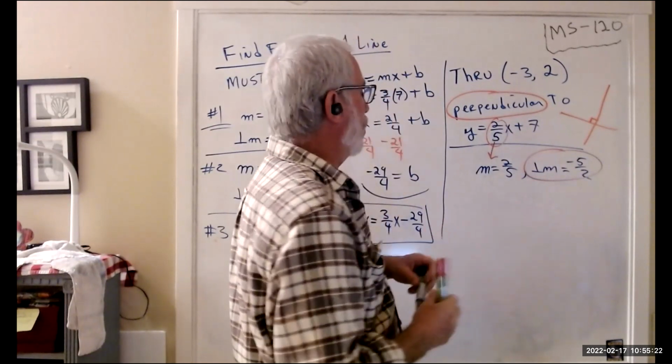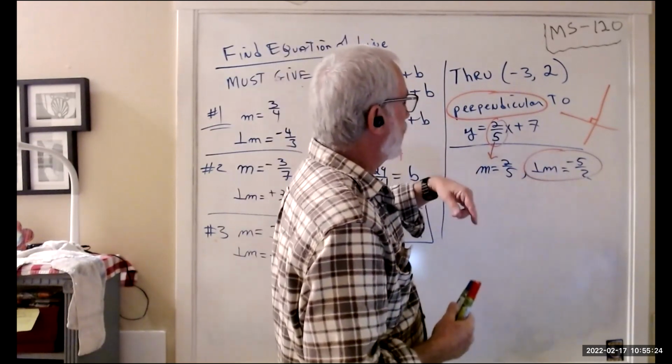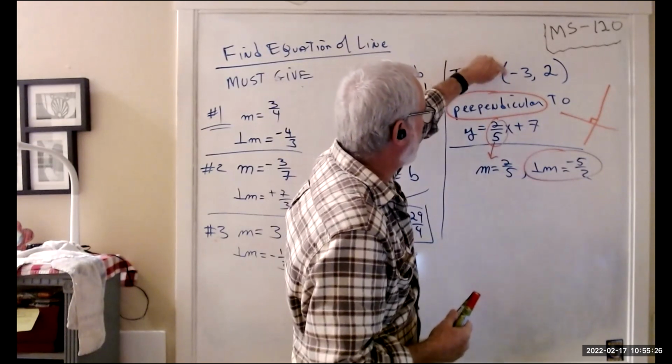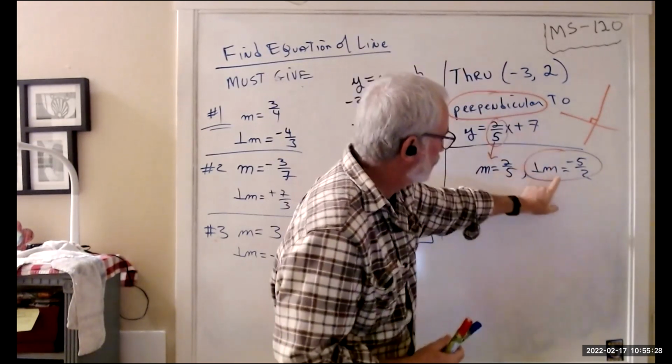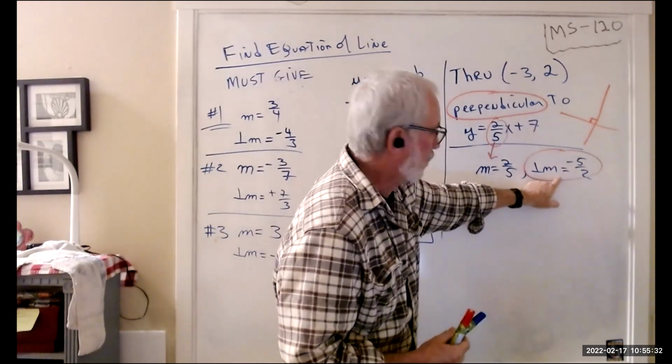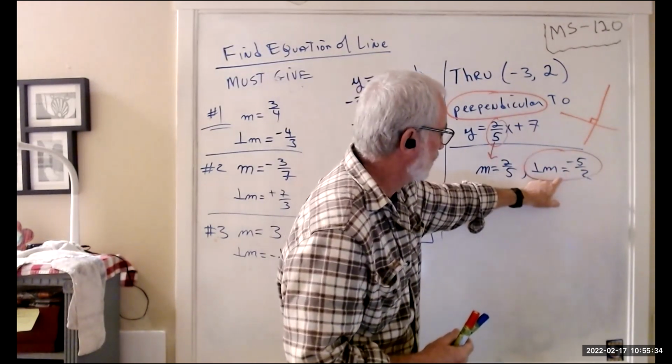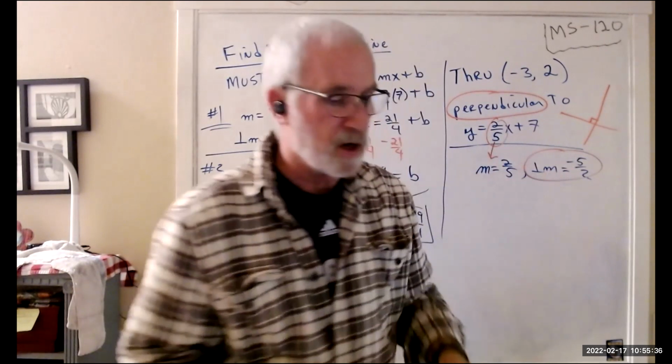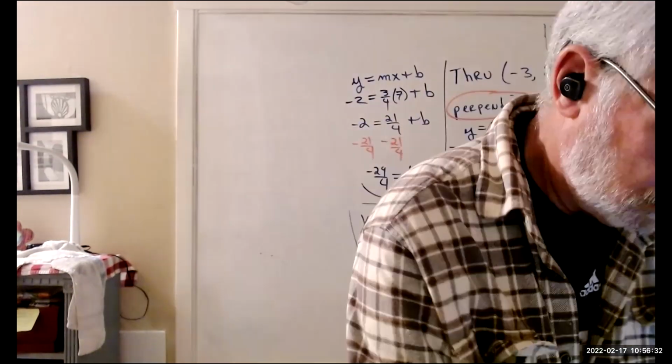So go ahead and find the equation of a line that goes through this point and uses this -5/2 slope. I'll pause while you do that work.